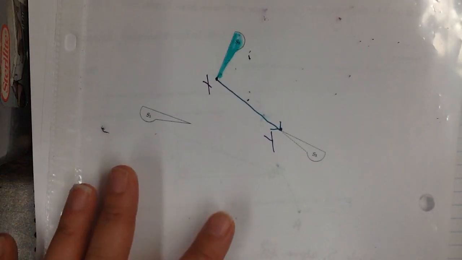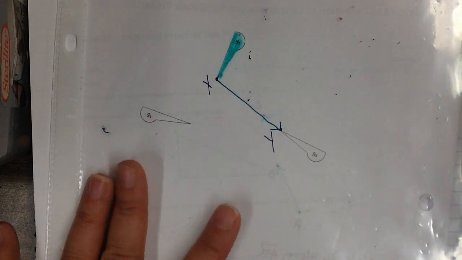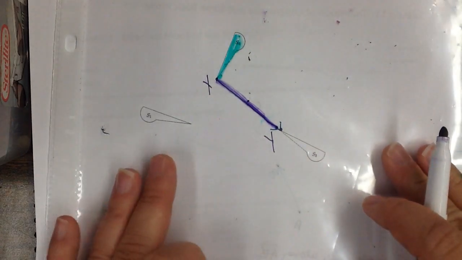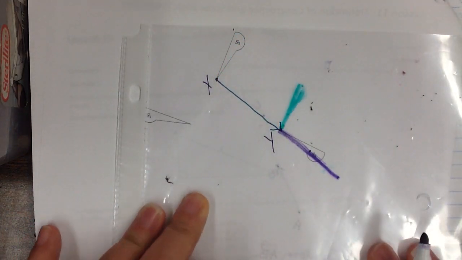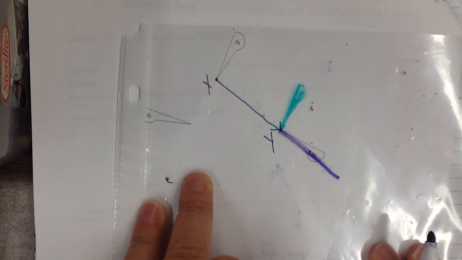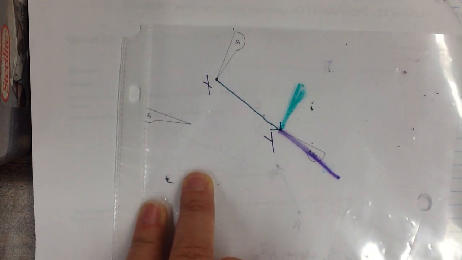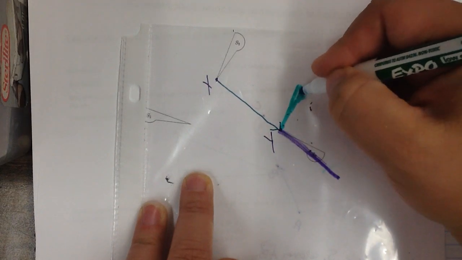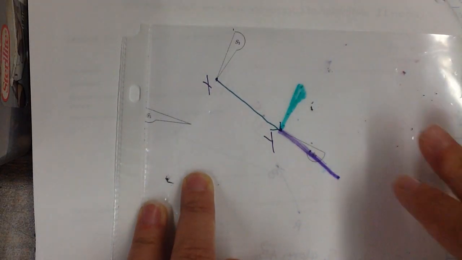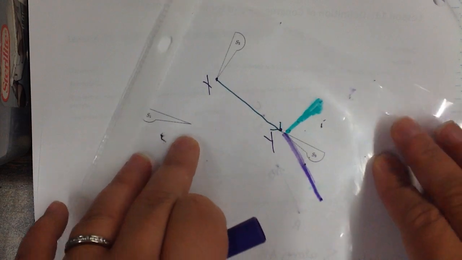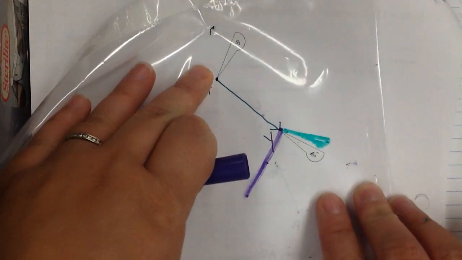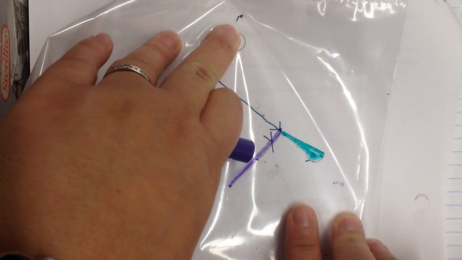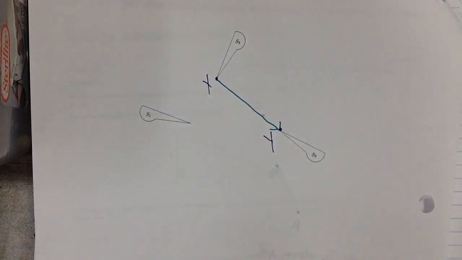So I would take S2 and translate it along vector XY, just like that. And then I would just rotate it negative D degrees around Y. And it lines up. So this time we only needed 2.